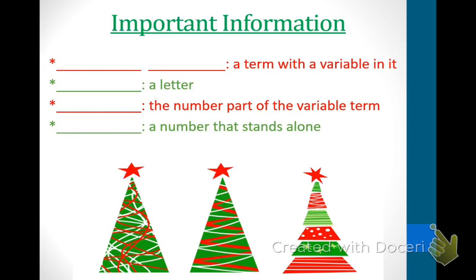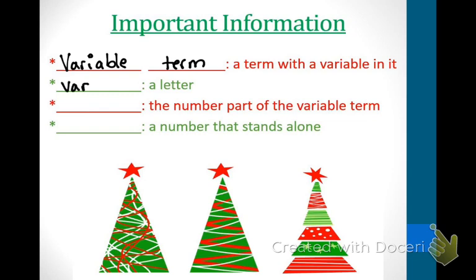All right, for the next section, we've got some terms that are very important information. Help me out, Haley. What is a term with a variable in it called? Very good. It's not too difficult. This is a variable term. Next up, Janet. What is another name for a letter in math?